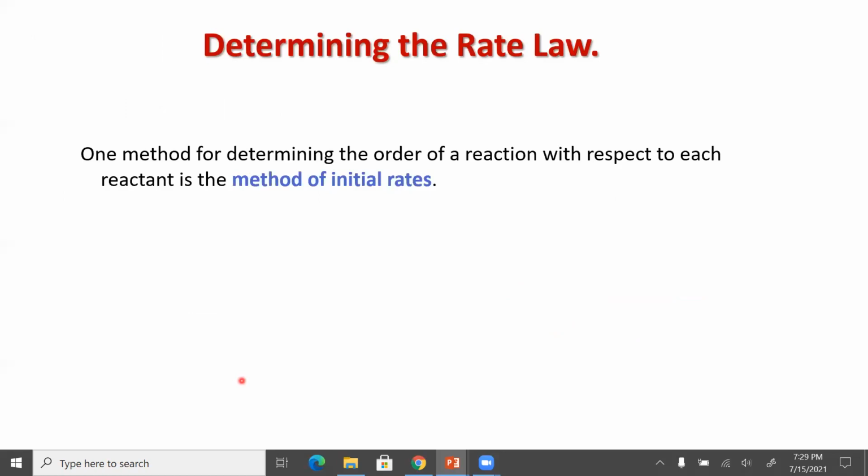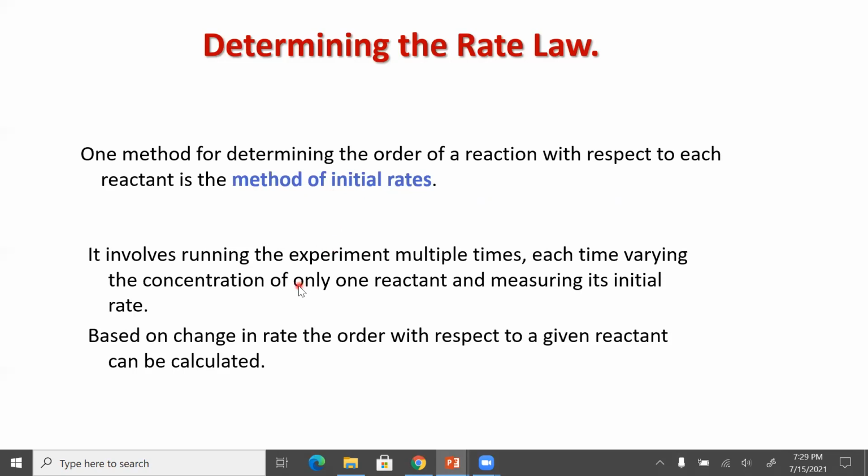Where do we get those rate laws from? One method of determining the rate law for a reaction, or the order for each of the reactants in a reaction, is what's called the method of initial rates. Essentially, we run the experiment a whole bunch of times, we change the concentration of the reactants in each trial, and we measure the initial rate of the reaction.